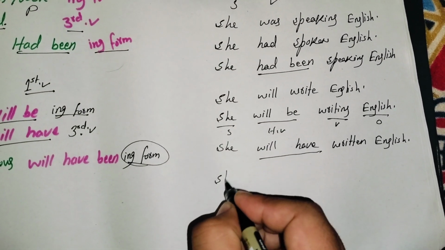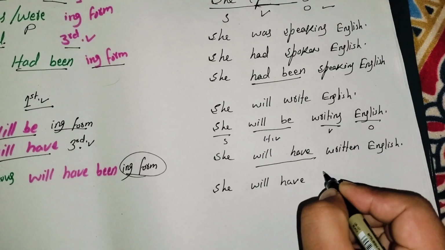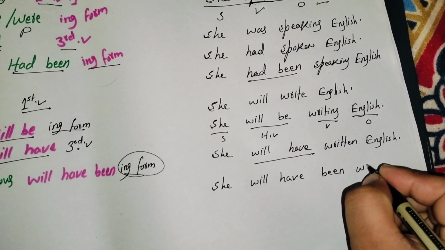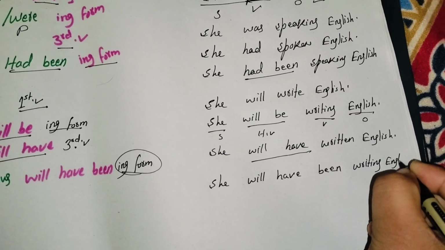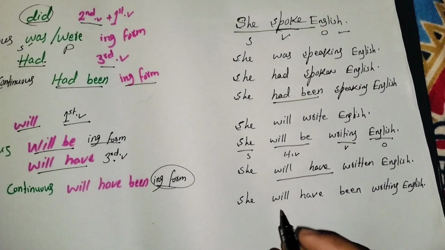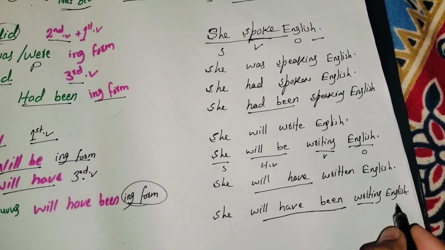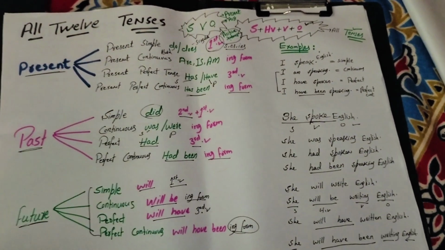Last sentence, she will have been writing English. This is all helping verb, then verb, and then object, and we have a subject. So this is what the tenses are.